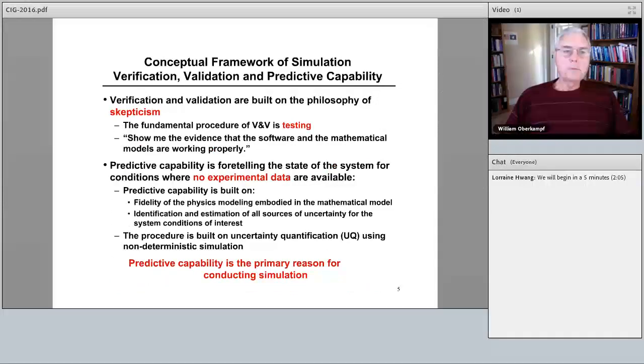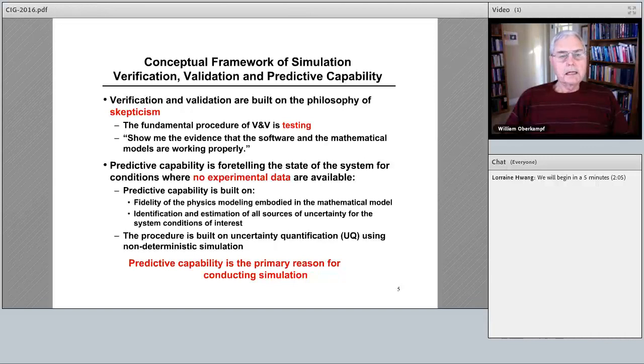The conceptual framework for simulation, verification, and validation of predictive capability. This gives you an idea of what the philosophy is and the first idea of how you separate these ideas. The first one is that verification and validation are built on the philosophy of skepticism.